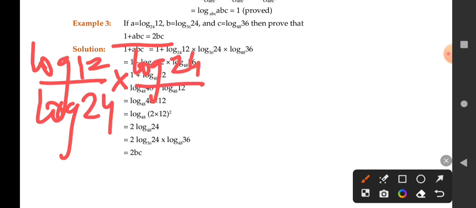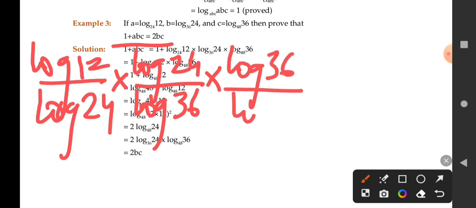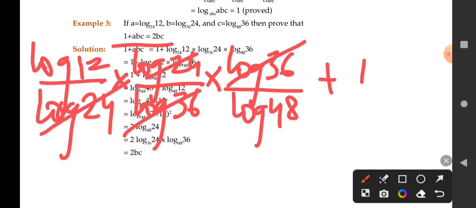Log 24 divided by log 36 into log 36 divided by log 48 plus 1. Let's cancel the common logs.